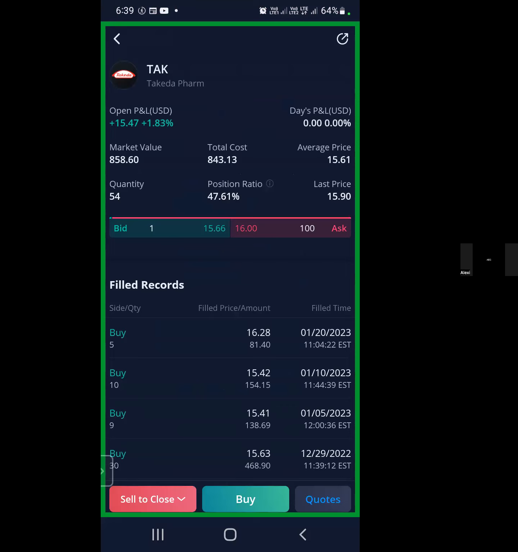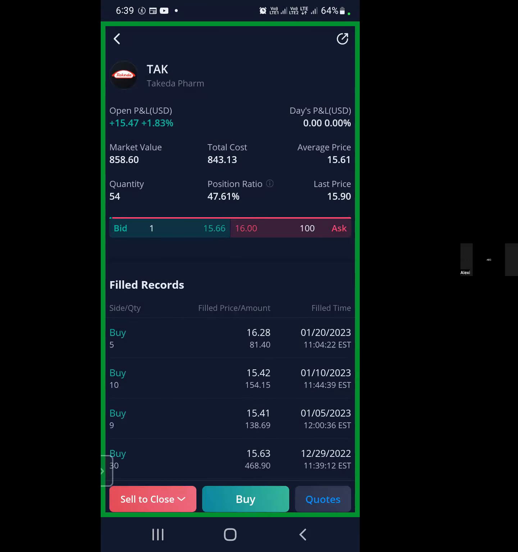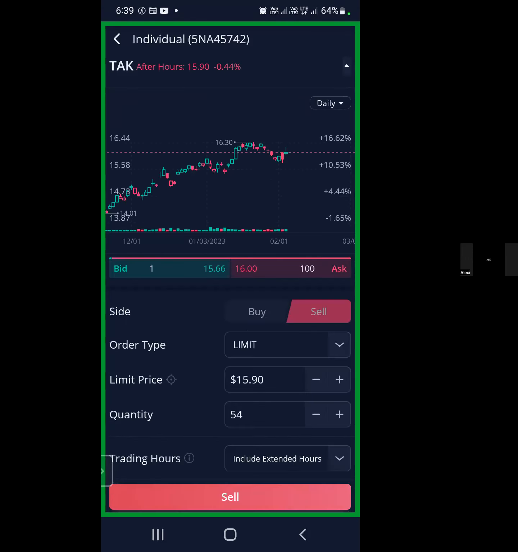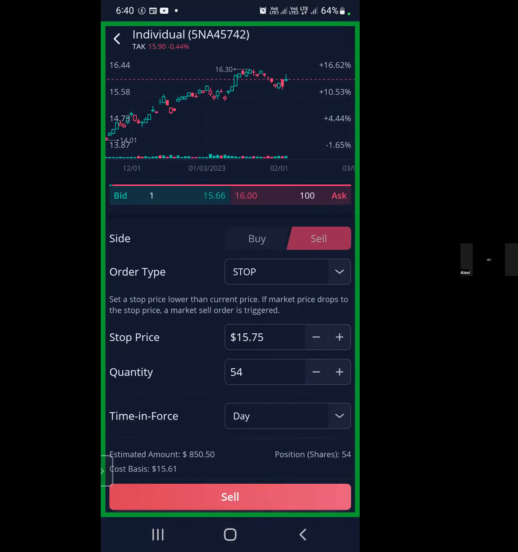Now, if you wanted to only set the stop loss, I would press just the sell to close right there. And then order type, I would set stop. See? And then I would put a stop price, whichever that was, 15 or something like that.